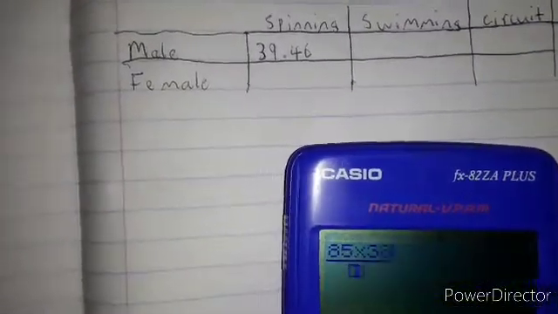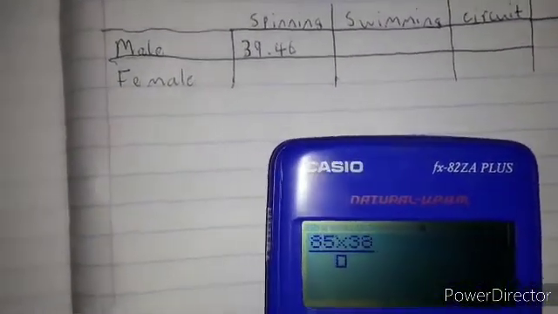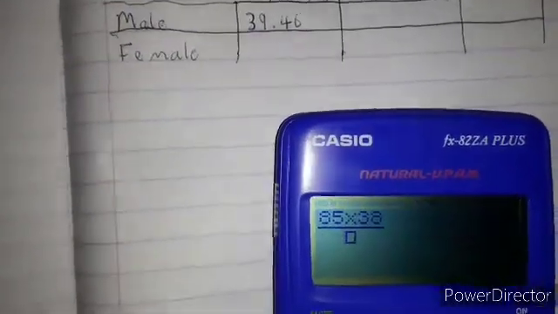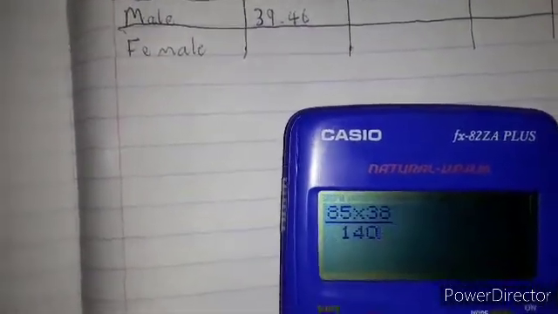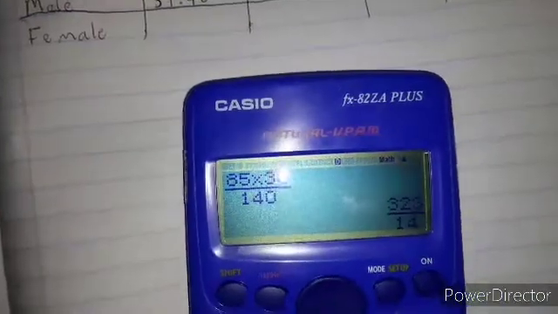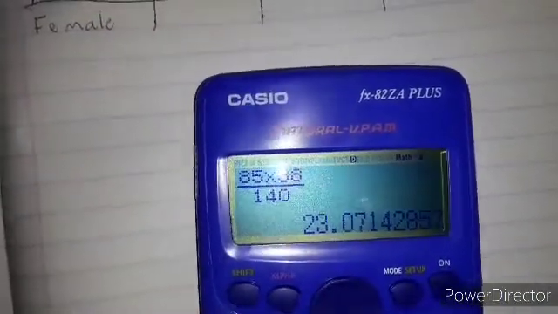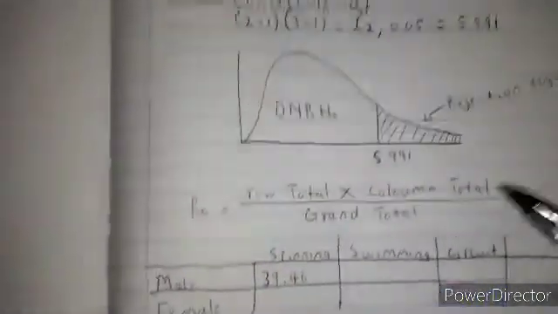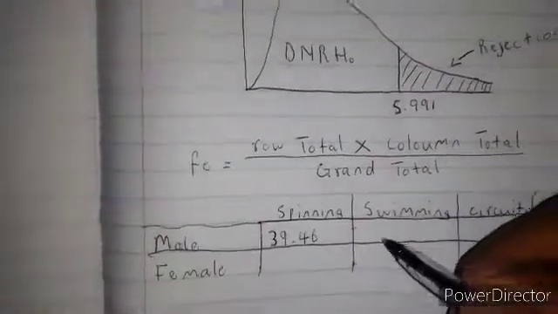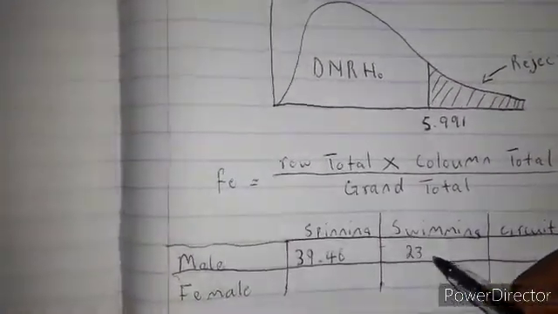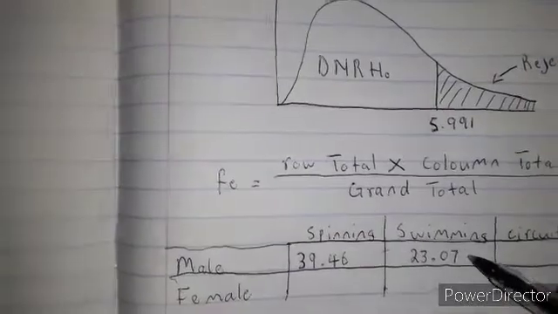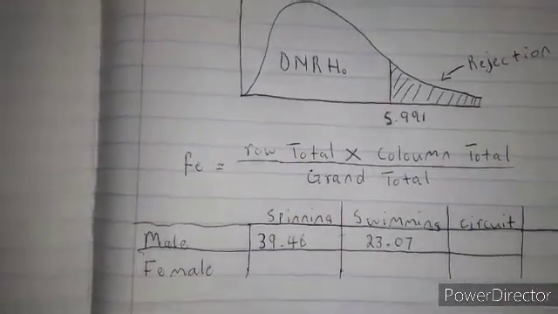So 38 divided by the grand total, which is 140, equal to 23.07.